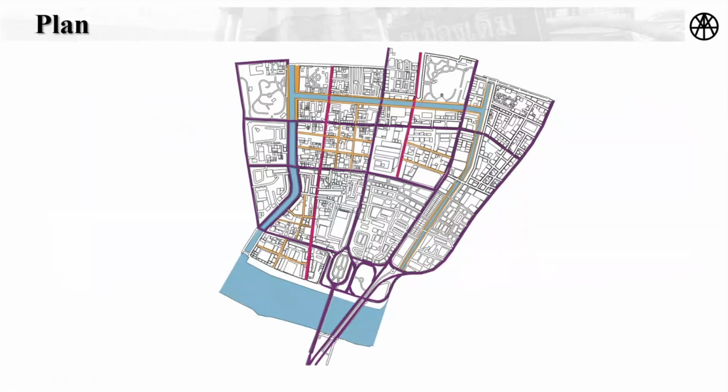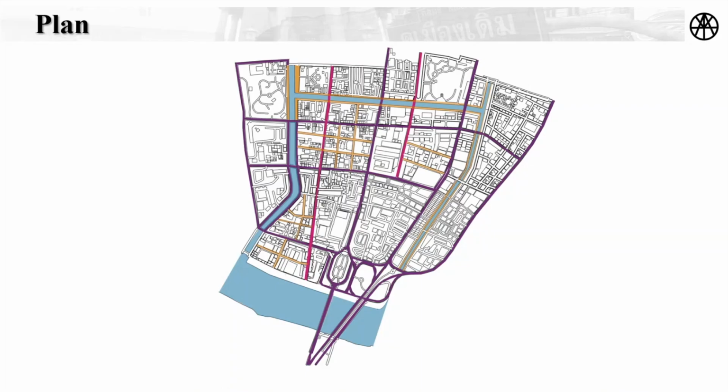And this is our plan that shows the roads, and we already changed it. Yes. What do you mean by change? So from the map, for this plan, we try to make 3 colors of road.